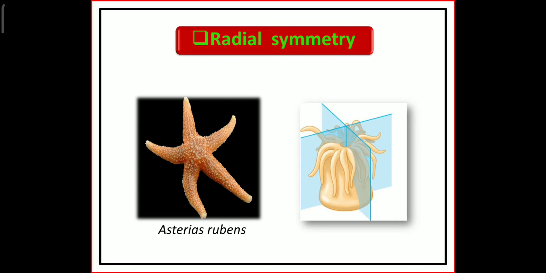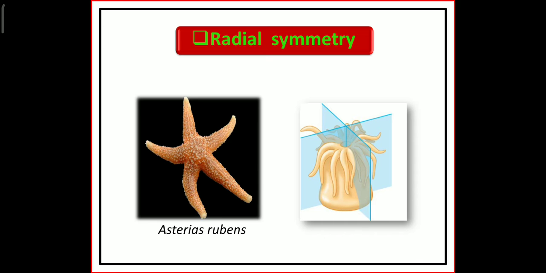Now, radial symmetry. Radial symmetry is when the body of an animal can be divided into two equal halves along any plane passing through the central axis. Animals with radial symmetry are classified in the taxon Radiata.